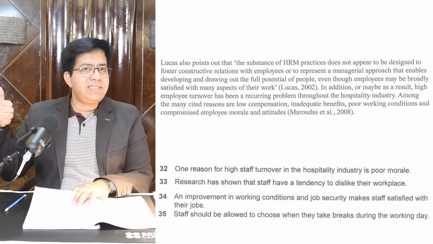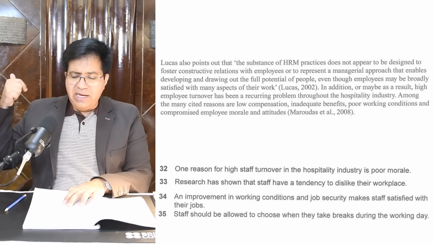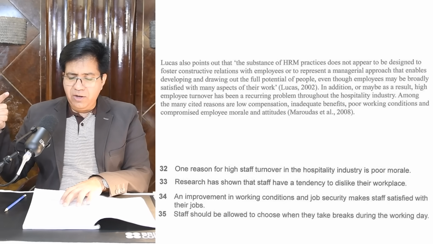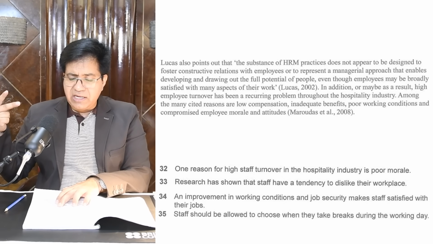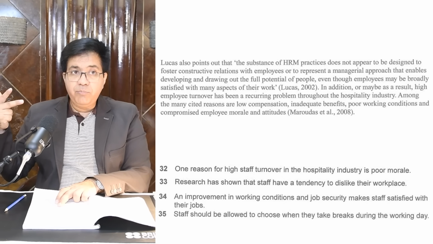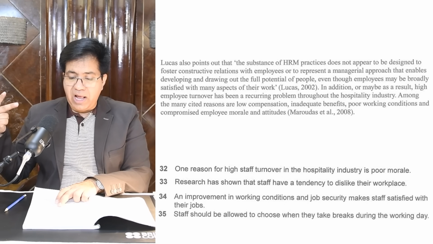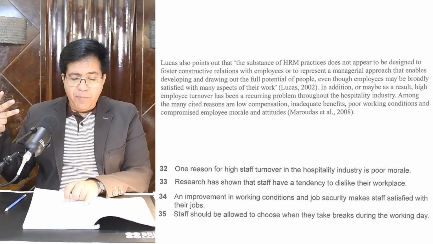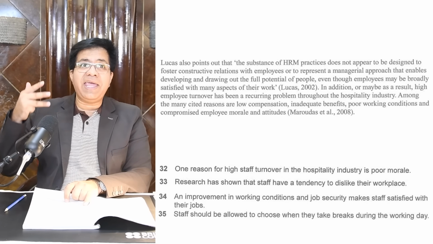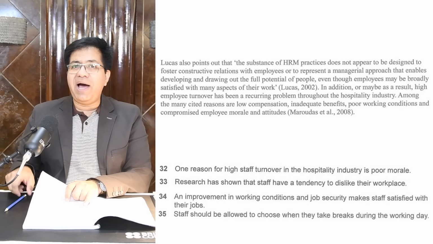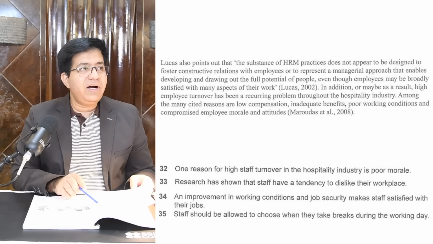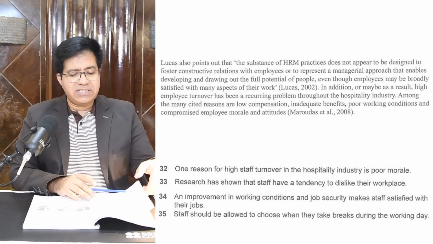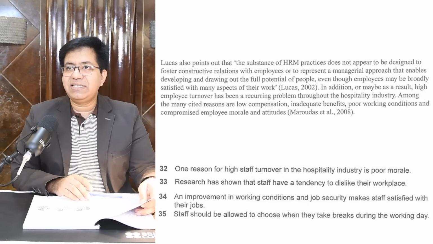Have they mentioned that? No. Reason number 2, inadequate benefits. No. 3, poor working conditions. Poor working conditions, not poor morale, right? And compromised employee morale. Compromised morale means poor morale. So correct answer is yes. Got it?